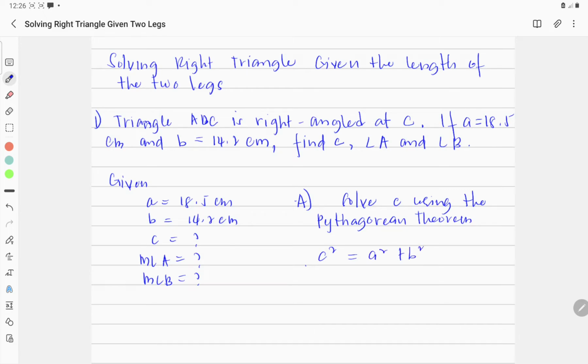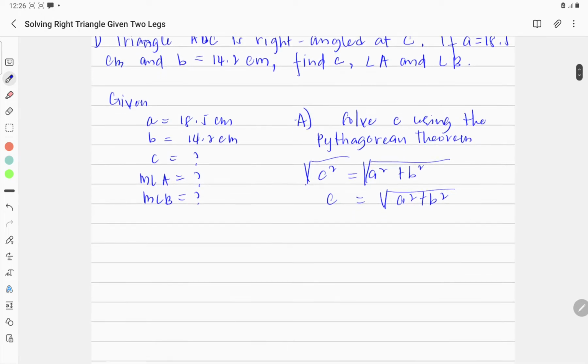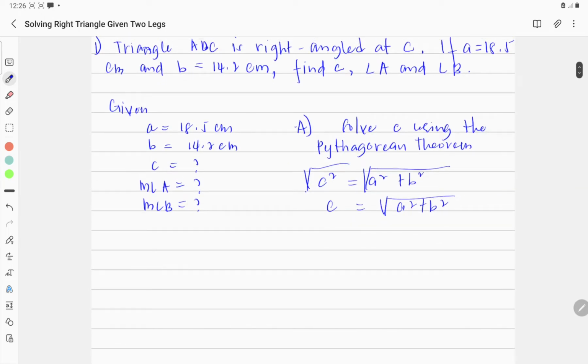In this case, we can extract the square root of both sides so that C is equal to the square root of A squared plus B squared.